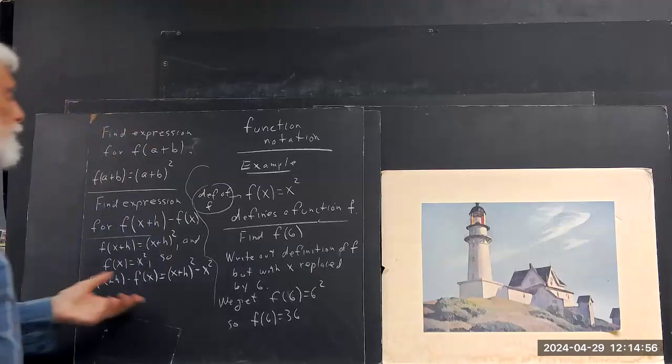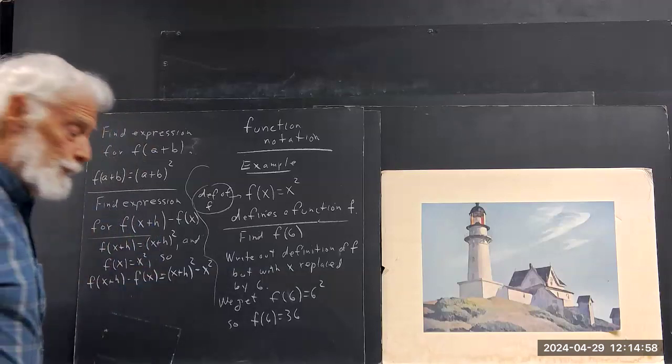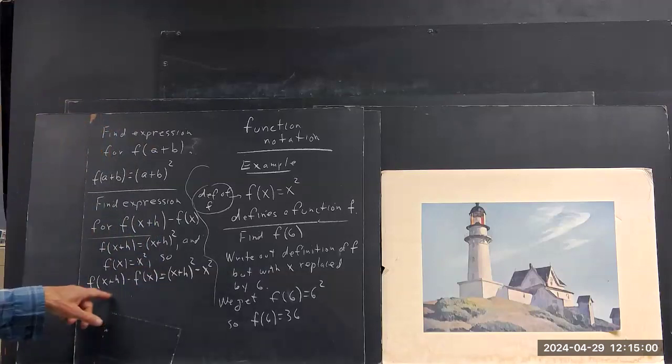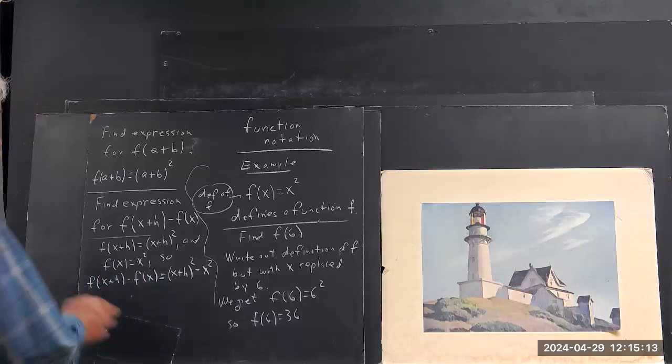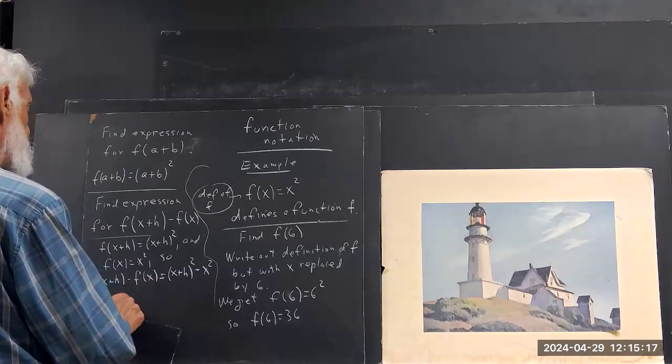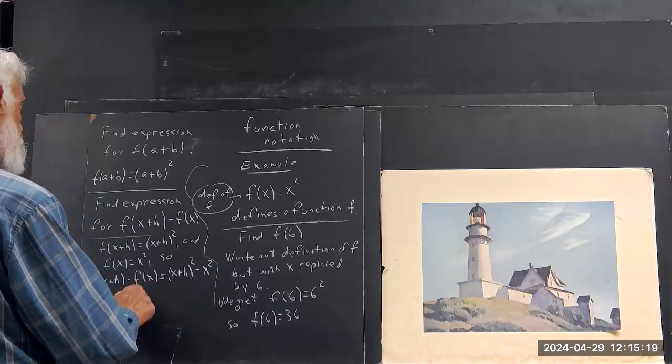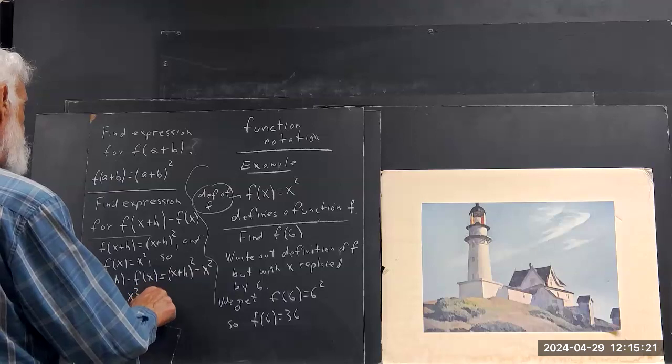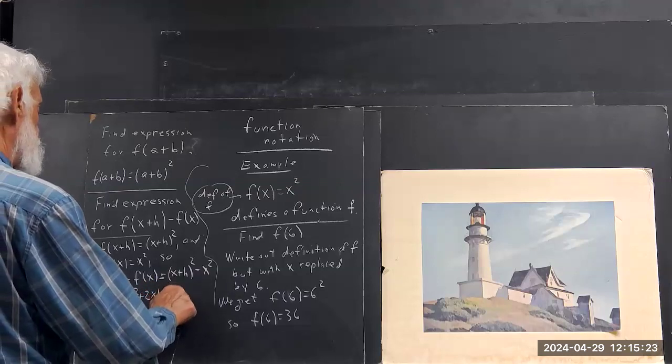Okay, well, I want to expand this just a little more now. And actually, this is very close to the most important definition in first semester calculus, not just pre-calculus. Okay. So it's well worth understanding the function notation. Well, I'm going to say this equals x plus h quantity squared is x squared plus 2xh plus h squared.